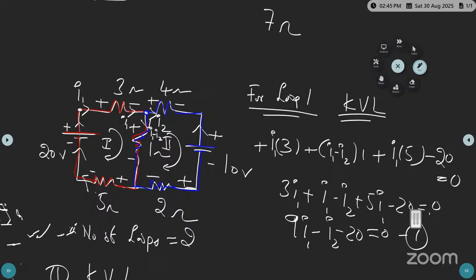Write down and tell me. How did you write this one? Once recall, same way write down the second equation.